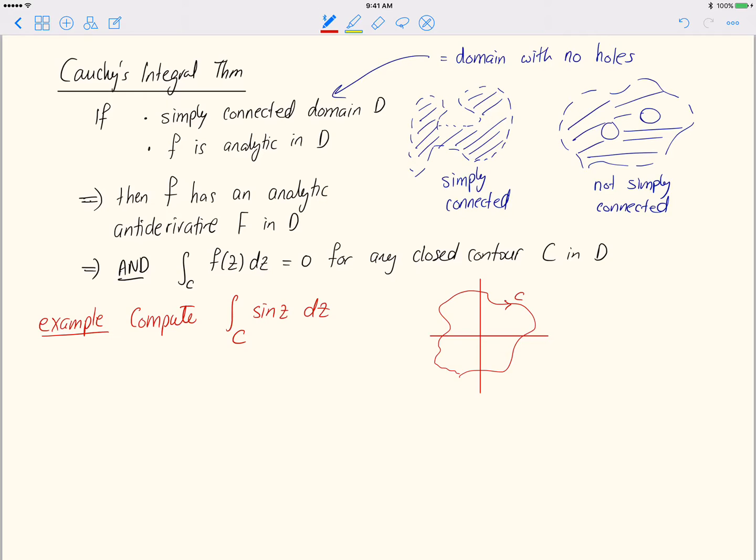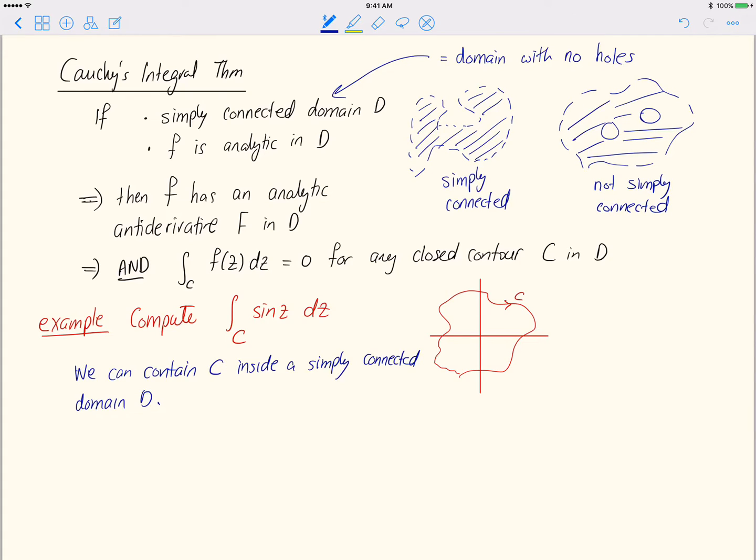So you can see the nice thing about this theorem is I don't even need to know what C is. What I can say is that we can contain C inside a simply connected domain D. Alright, that part is fairly straightforward.